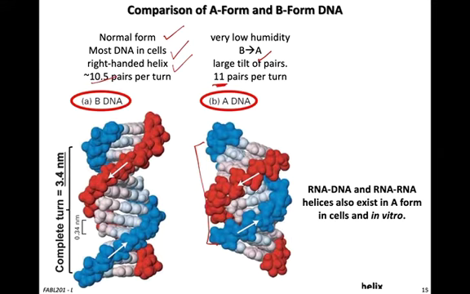So we will see later in some structures like RNA bound to DNA, or RNA bound to itself or another RNA, usually take the A form, which can exist in cells and in vitro as well. But basically this form is not a normal form. It only occurs in low humidity.